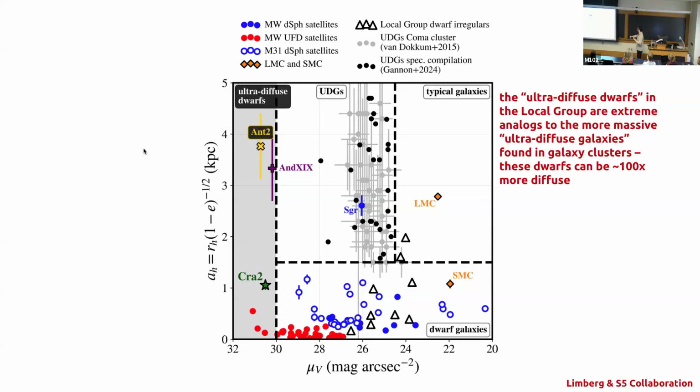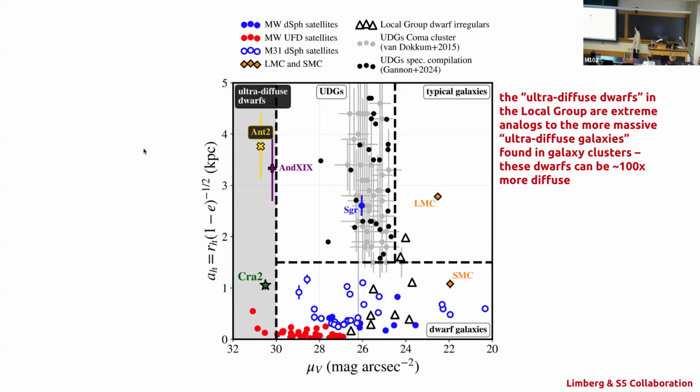So if you think about how much more extreme these are, this is a log scale with a base of 2.5. You go from 25 to 26, 27, 28, 29, 30, and 2.5 to the power of 5 is approximately 100. So these diffuse satellites of the Milky Way and M31 are 100 times more diffuse than the ultra diffuse galaxies, okay?